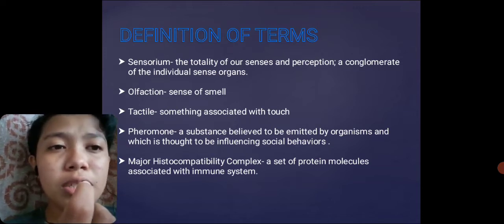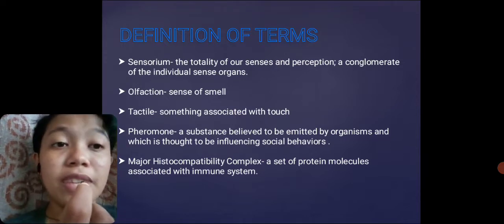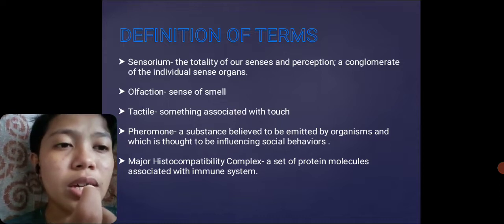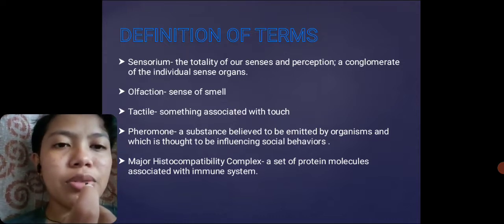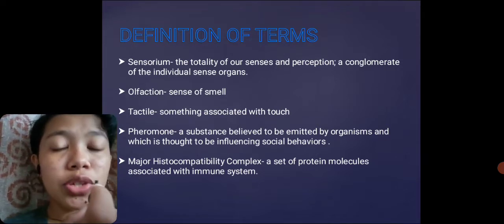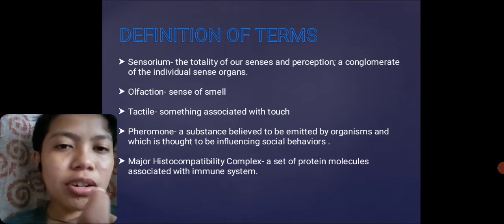Pheromone, a substance believed to be emitted by organisms which is thought to influence social behaviors. And we have the major histocompatibility complex, a set of protein molecules associated with the immune system. Please take note of these terminologies as we go along with our lesson.